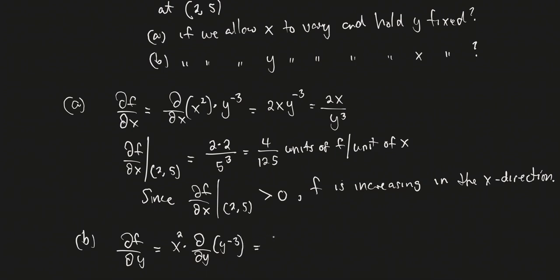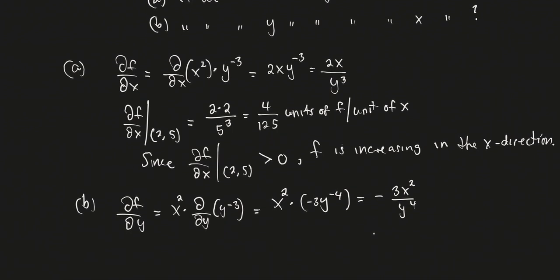This ends up being x squared times negative 3y to the negative 4. So I'll write this as negative 3x squared, and in the denominator we'll have y to the 4th.